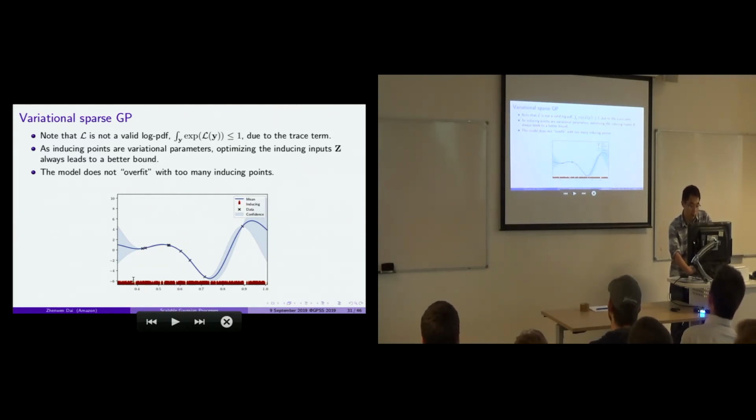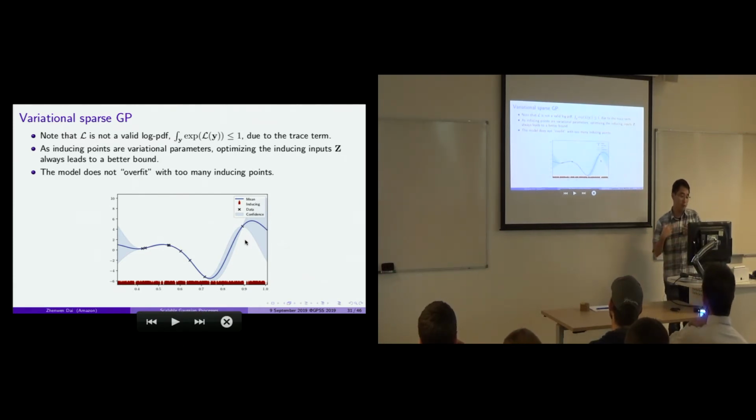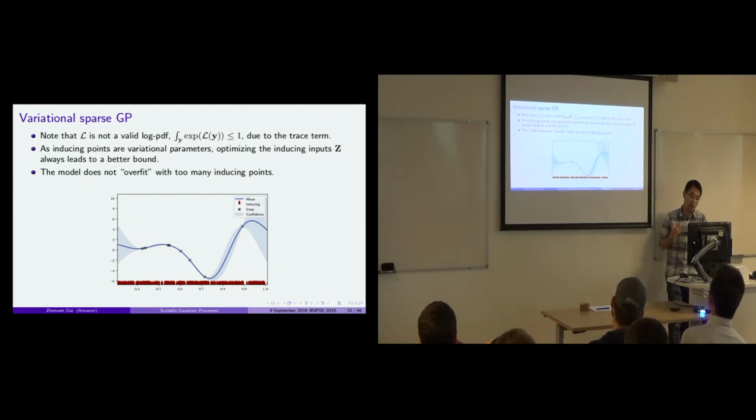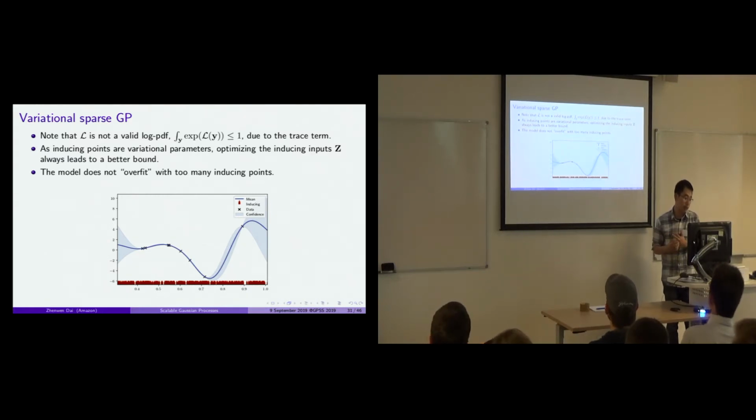That will not result in any overfitting. It will still give us a good explanation of our data, so you can freely optimize the inducing input locations without worrying about overfitting or side effects on the kernel hyperparameters. Make sense? Cool.